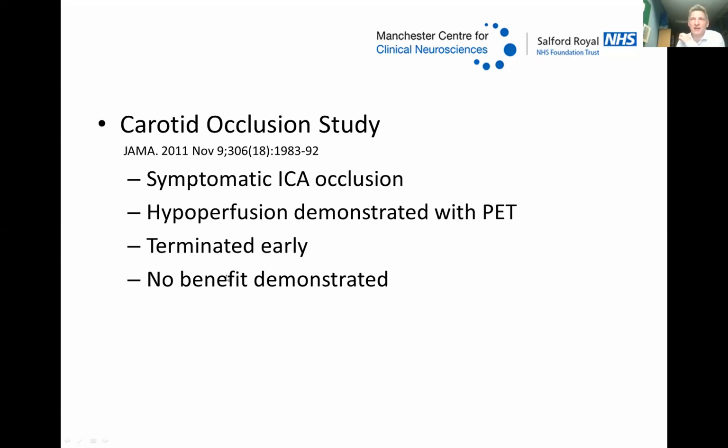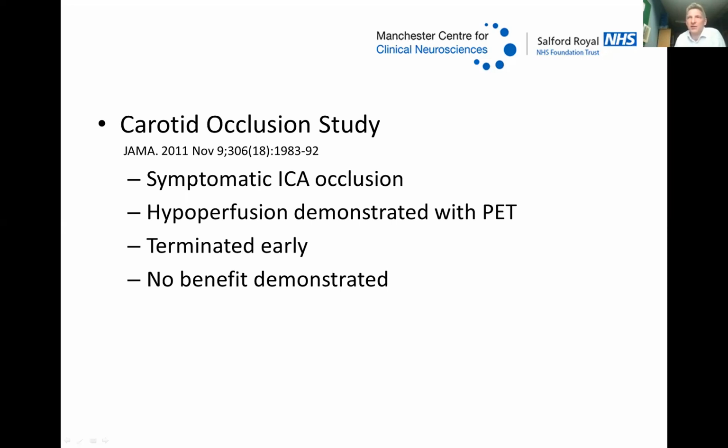And the main thing that was unexpected in this trial was that the rate of stroke in the medical group was much, much lower than predicted. So it seems that the medical therapies are perhaps better than anticipated. There are some circumstances where bypass would be considered now, and that tends to be in people.